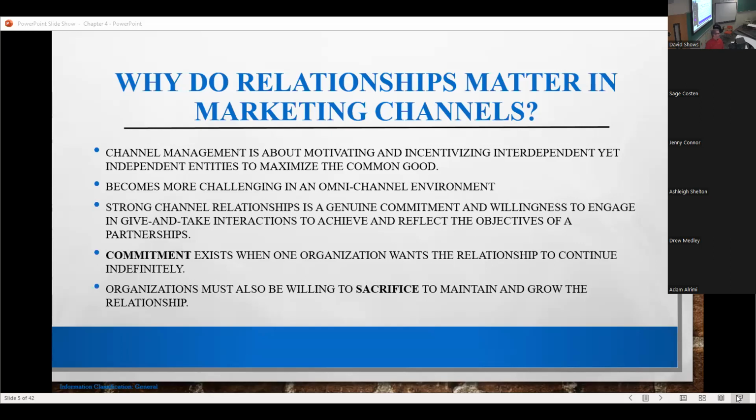And so how do we define commitment, which is important for the test? Commitment is when one organization wants the relationship to continue indefinitely, and good organizations must be willing to sacrifice to maintain and grow it. What that means, when we looked at that whole commitment trust theory, if you remember, is that you have to have less opportunistic behavior in order for commitment and trust to grow.